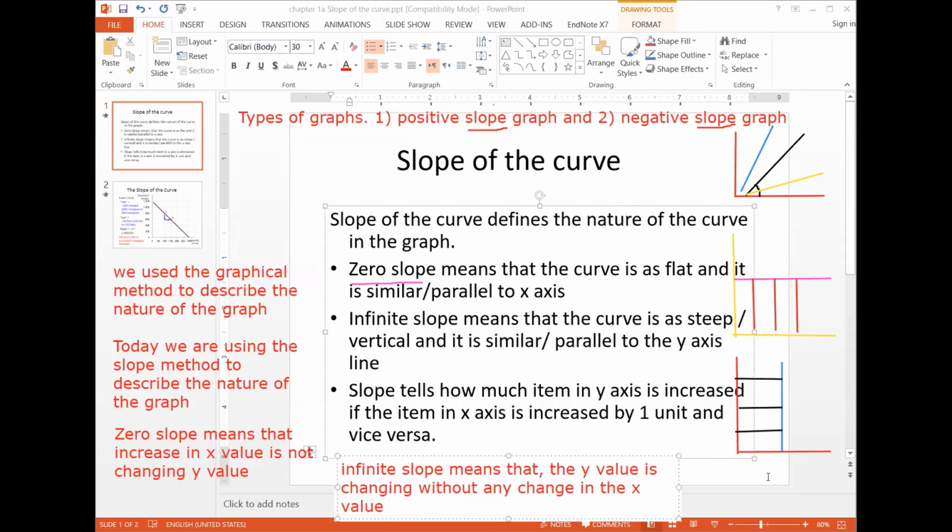So this way we can describe the infinite slope. The graph will show a vertical line. So these are two extreme cases, vertical and horizontal.